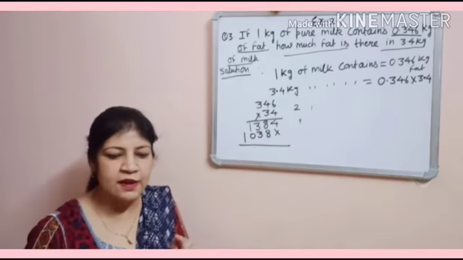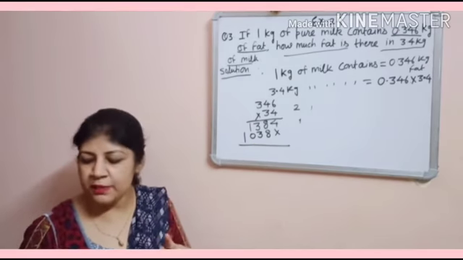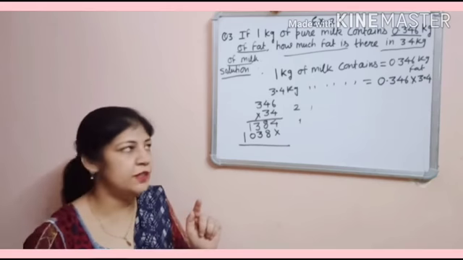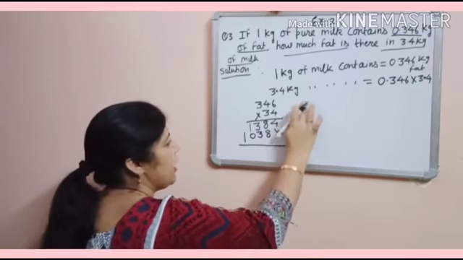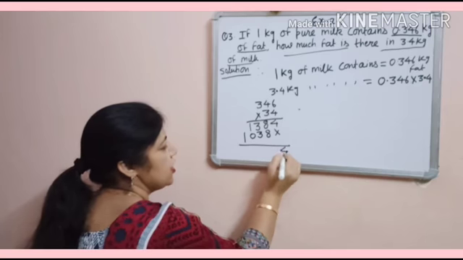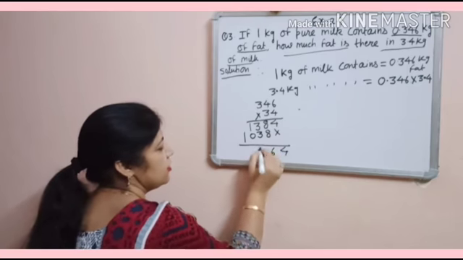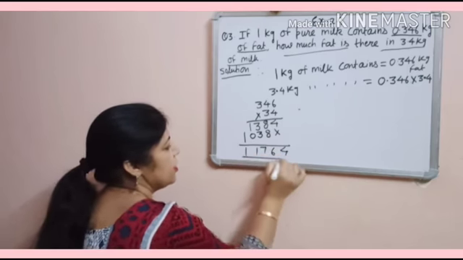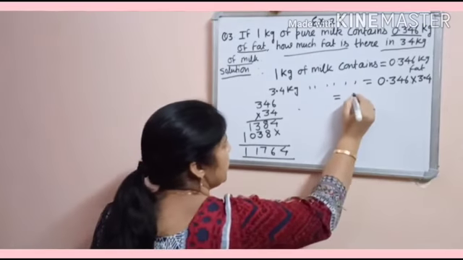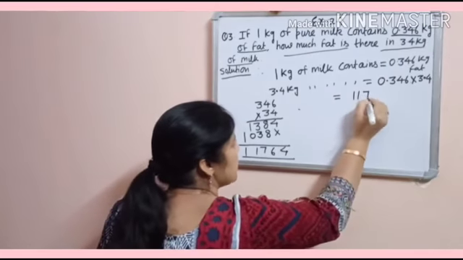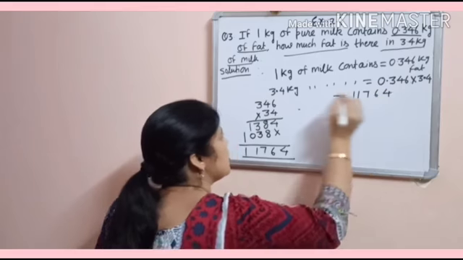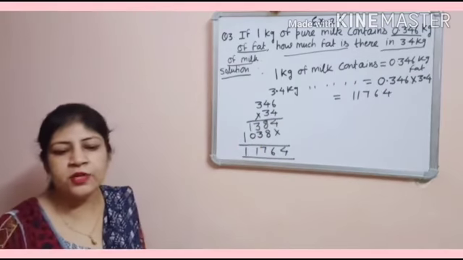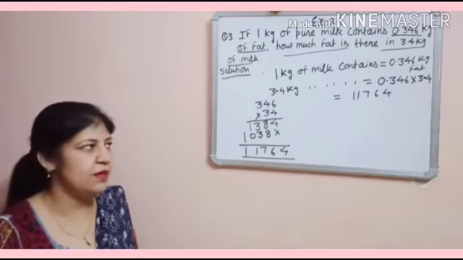And I have told you to do multiplication in pairs. Clear? So now add these: 4, 16, 1, 1. So it will be 11,764.